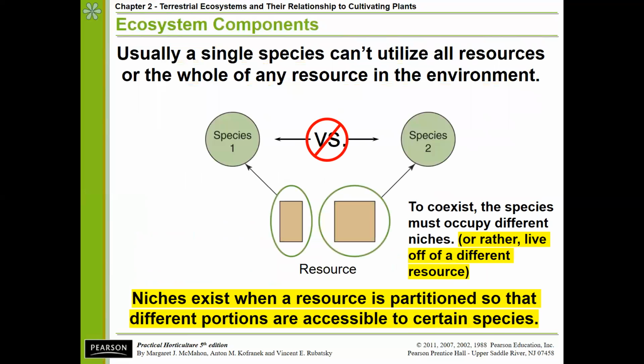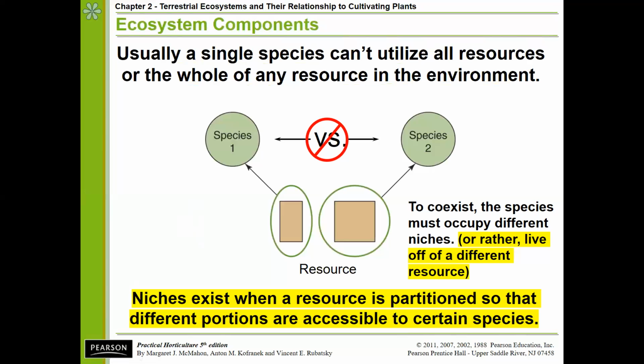And again, thinking about the whole idea of a niche, this is something that we talked about, and there's a lot of contention and debate about it in quiz 2. Regarding competitive exclusion and how to coexist, organisms must occupy different niches, living off of different resources.